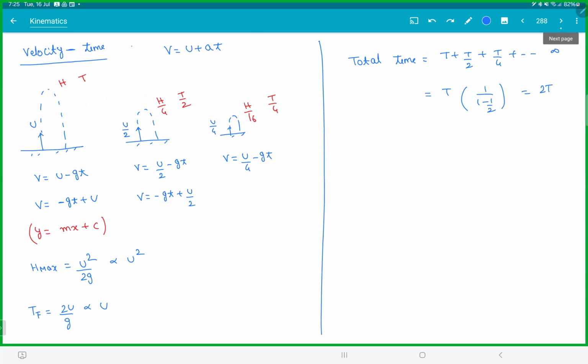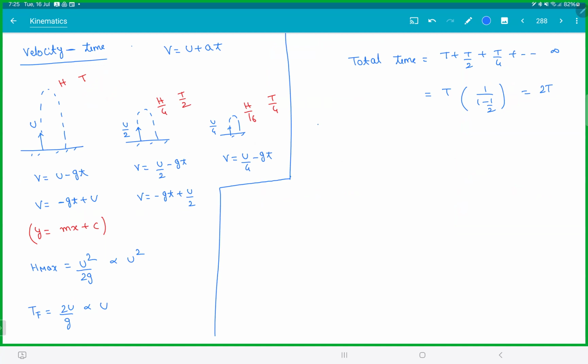So if you look at these equations here, you can clearly see the VT graph. The graph first starts from plus u.